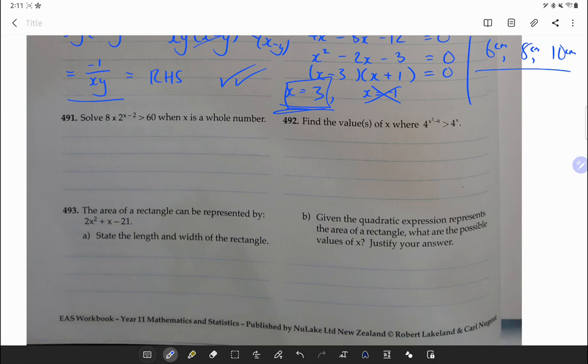So let's rewrite that. I know we can already see a problem here. We can't really do 60 as some 2 to the power of something, but we'll get to that later. Let's see. 8 I can rewrite as 2 to the power 3, times 2 to the x minus 2 equals 60.